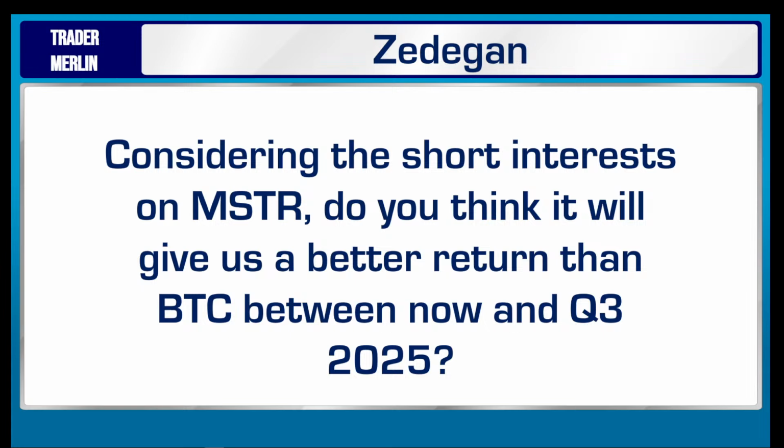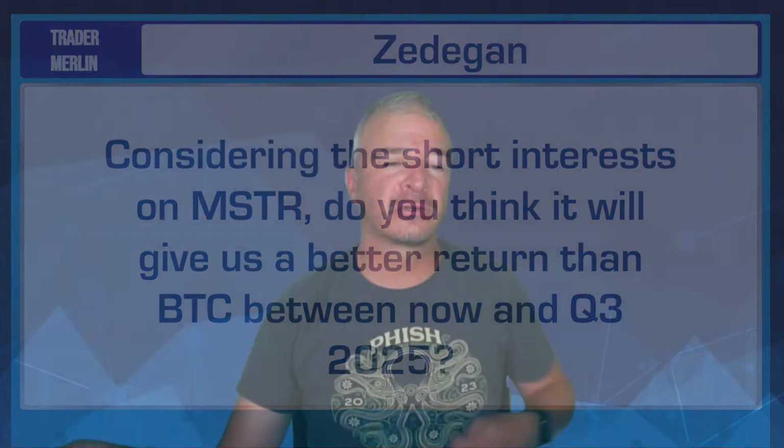He says, considering the short interest on MicroStrategy, do you think it will give us a better return than Bitcoin between now and Q3 of 2025? Very interesting thought. I know a lot of you are bullish on MicroStrategy, specifically for the short interest. The belief is if we see Bitcoin prices surge, then MicroStrategy's price is going to surge.